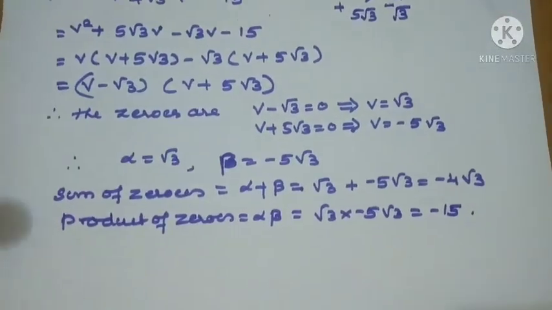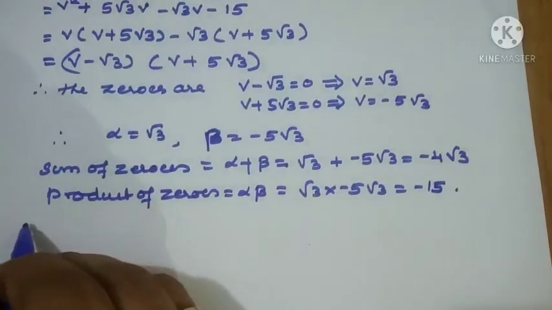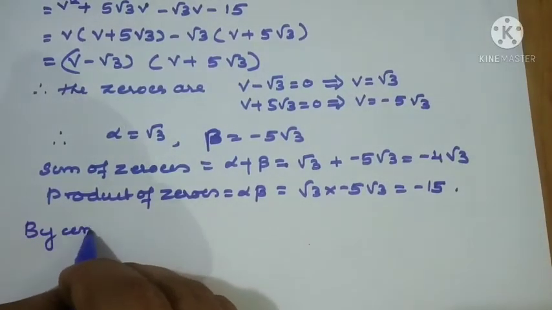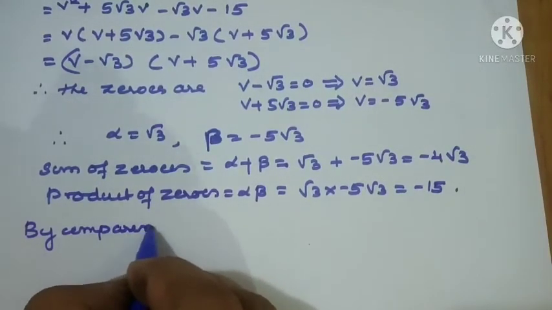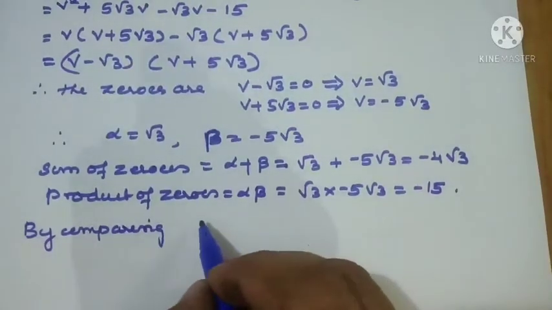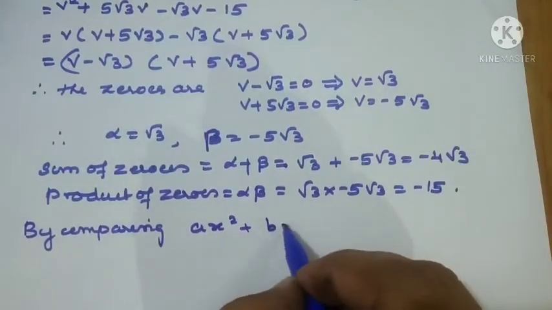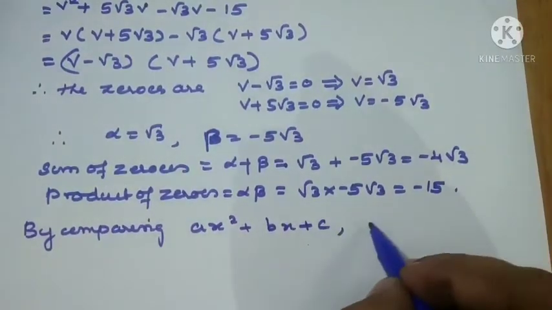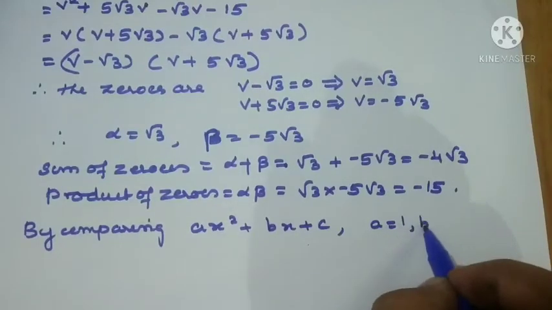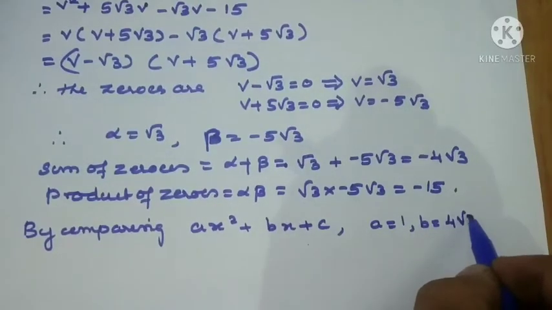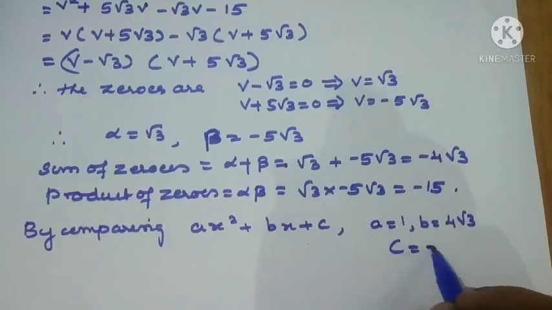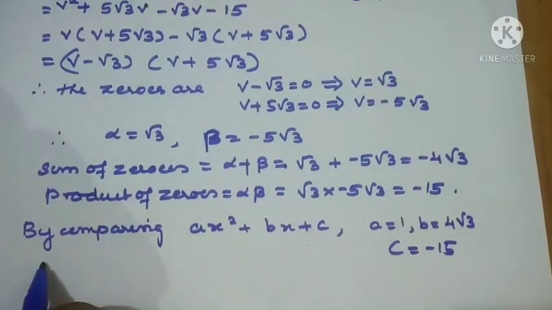What is the next step? Compare the coefficients. By comparing with ax square plus bx plus c, a equal to 1, b equal to 4 root 3 and c equal to minus 15. Now what is the next step?